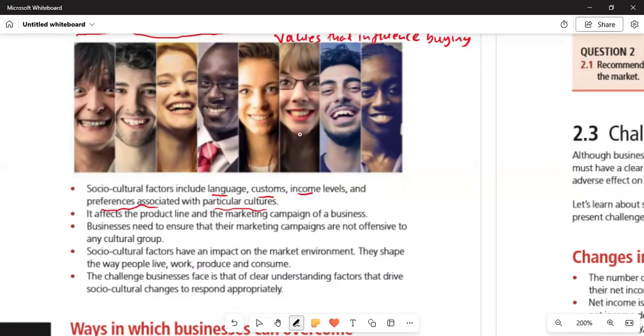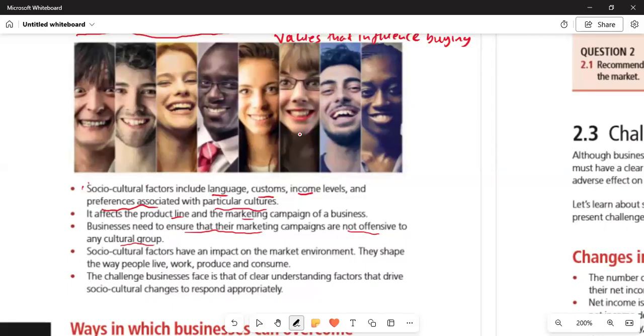When we talk of socio-culture, we're talking about language and customs, which we know are different. So it affects the product line and the marketing campaign of a business. The business needs to ensure that the marketing campaigns are not offensive to any cultural group.